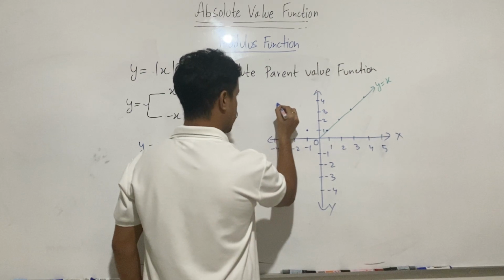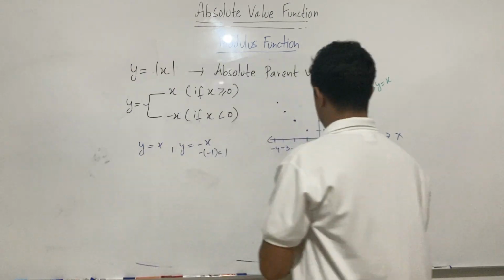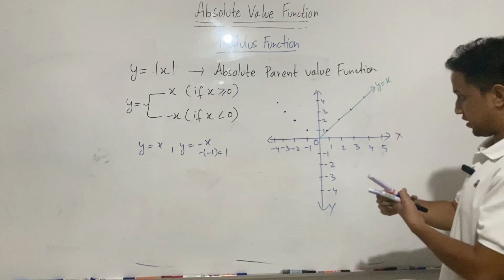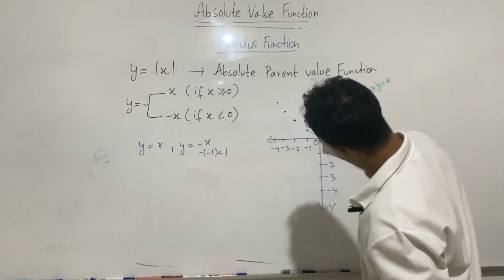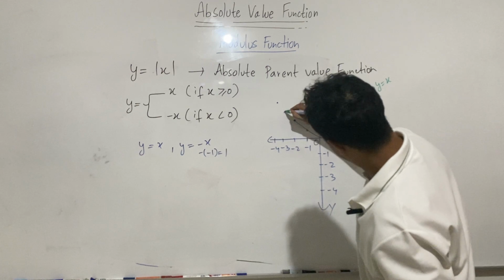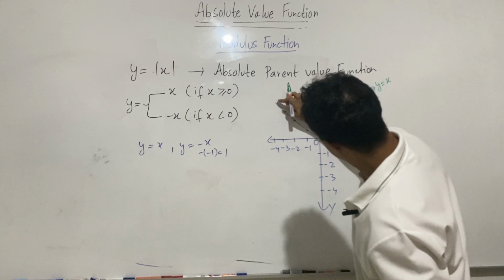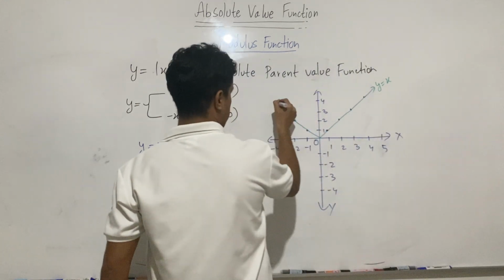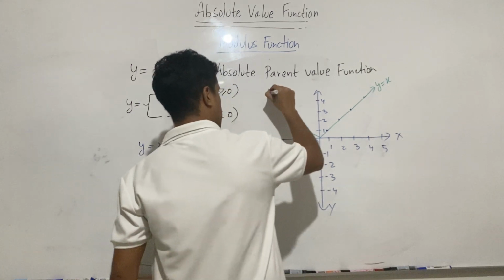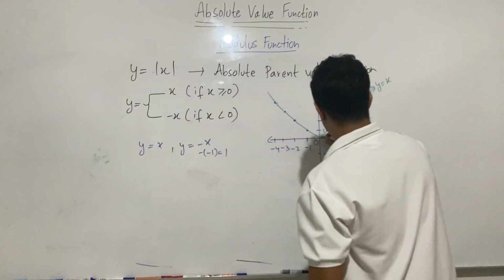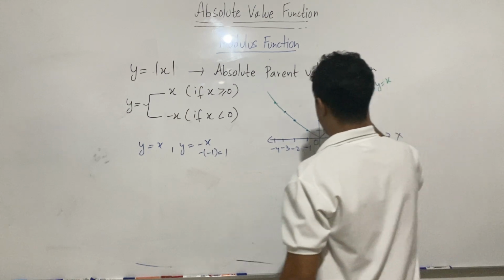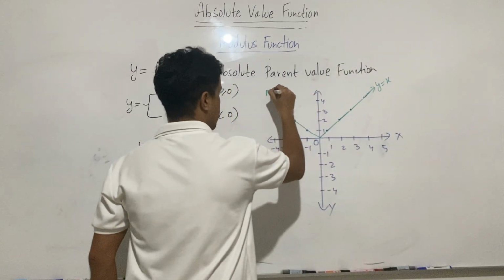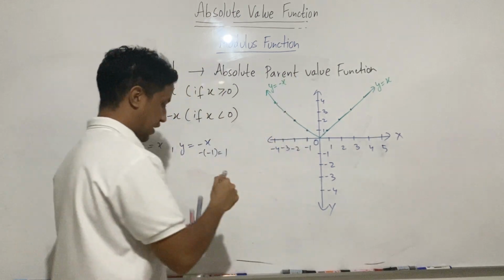Minus 4, 4 means here. So what you will get is this. This V-shaped graph. Now this is for y equal to minus x.